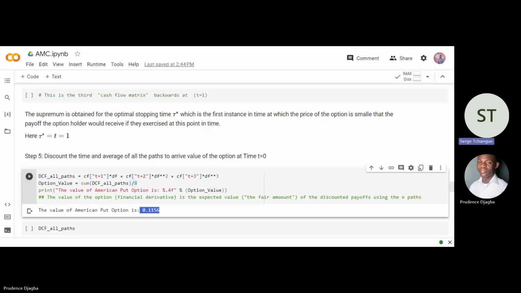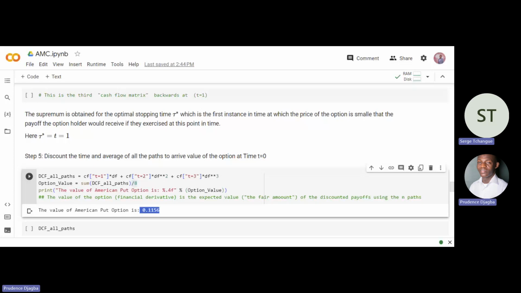And when you have the value at T1, it is the value at T0 that you're interested in. When you have the value at T1, that is still 1 year in the future. So you need to find the value today.